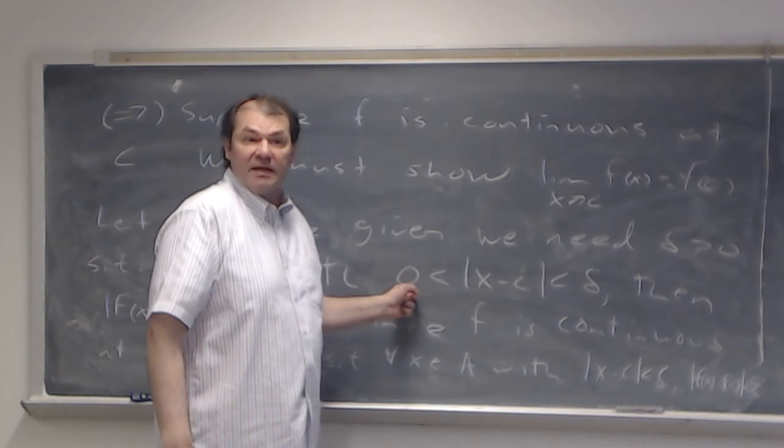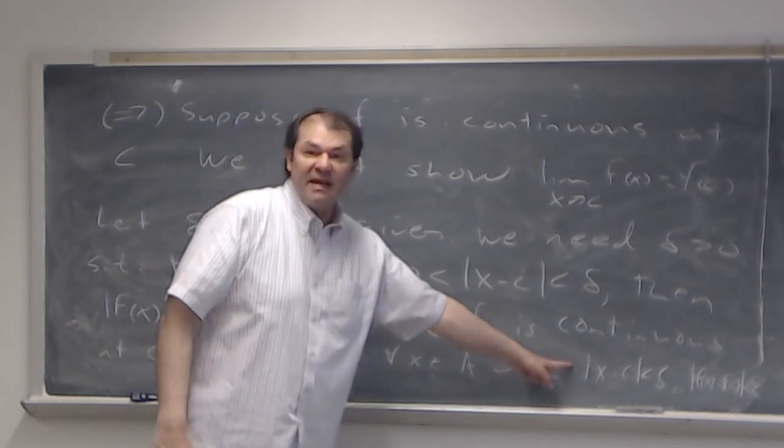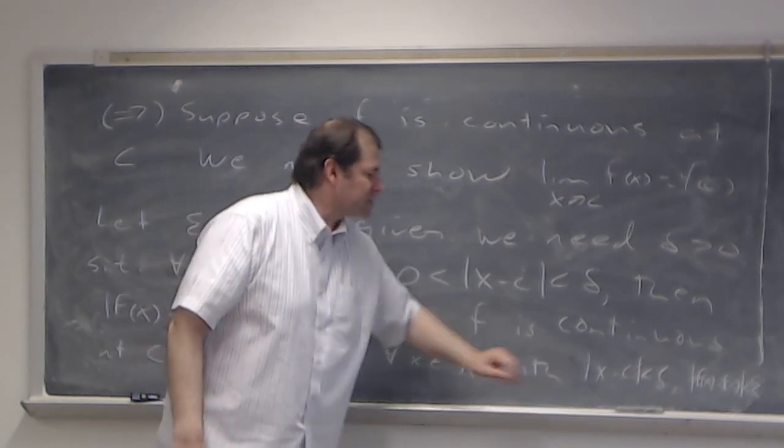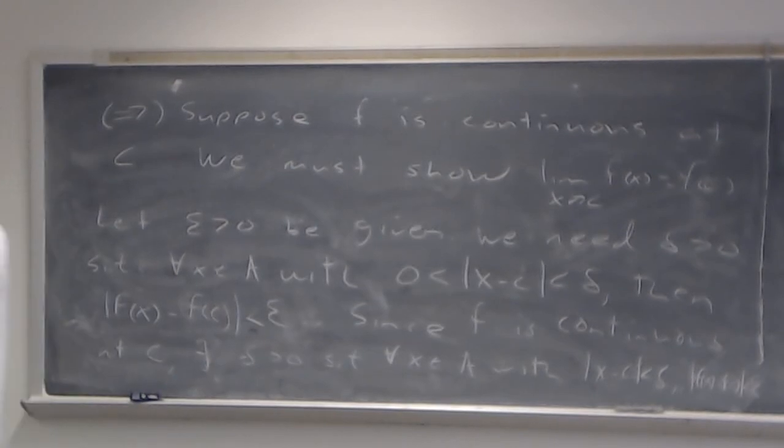But when you get it for these, you're getting it for all of these. This says, as long as x's are in A and they're within delta units of c, the output values are within epsilon units of f(c).